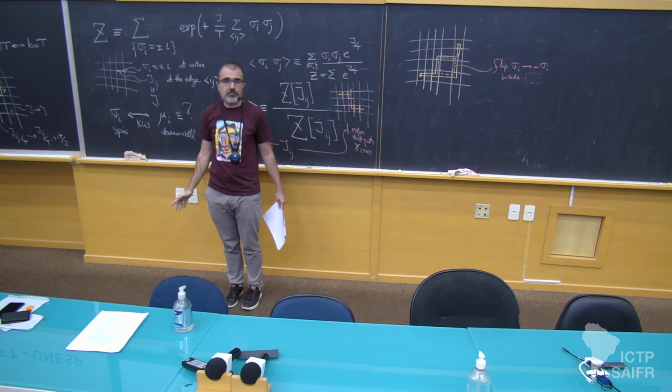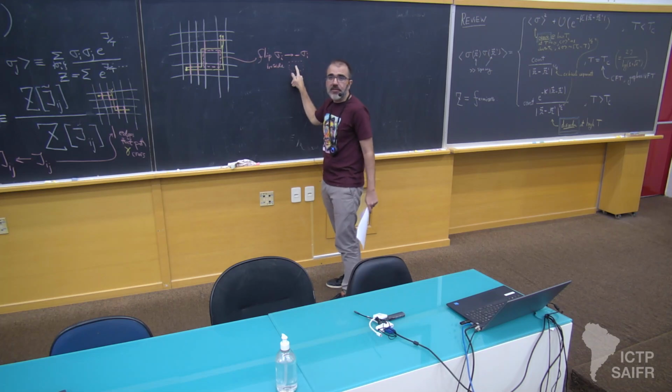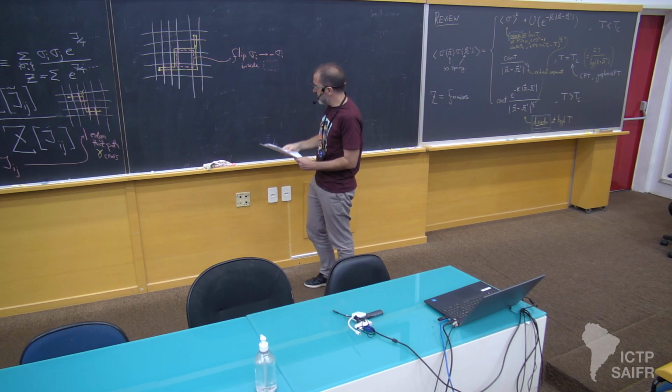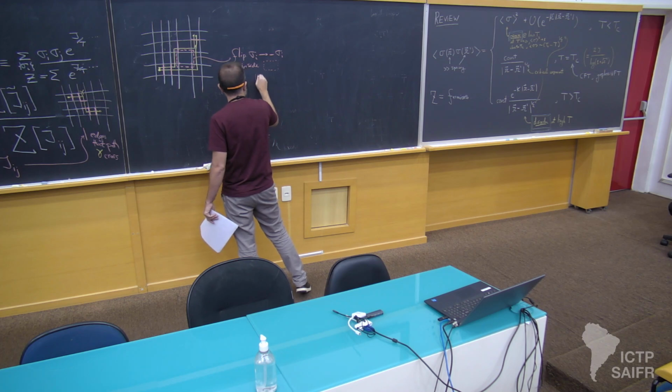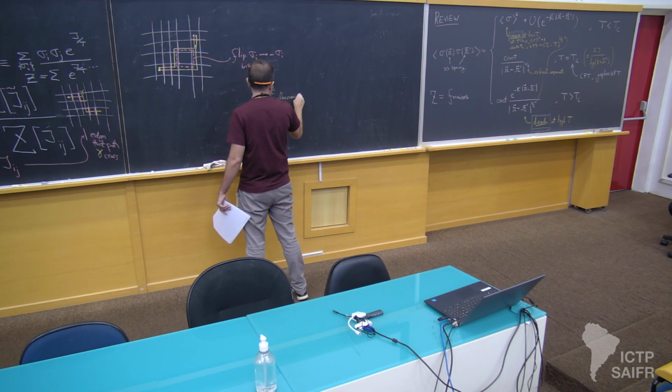Do you agree? So flipping the signs inside this region does nothing. Inside, it doesn't matter: up, up is the same as down, down. First we agree that this is nothing, because sigma_i is just a dummy summation variable.